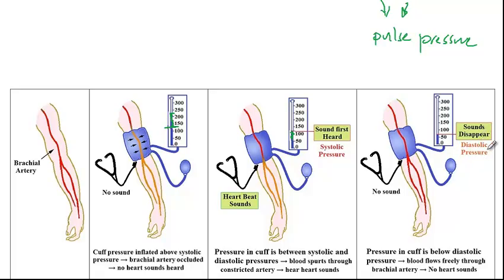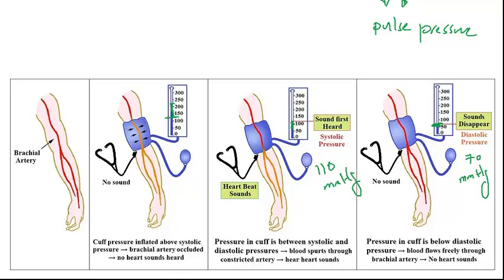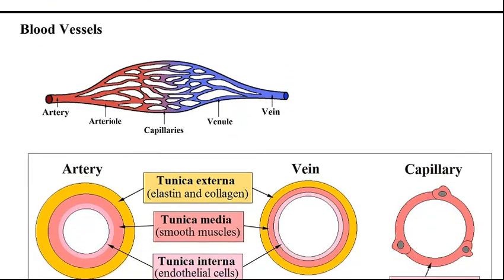The heartbeat sound disappears, and this second point where the sound disappears represents the diastolic pressure, which in this situation is about 70. So this patient has a blood pressure of about 110 millimeters of mercury systolic over 70 millimeters of mercury diastolic pressure.